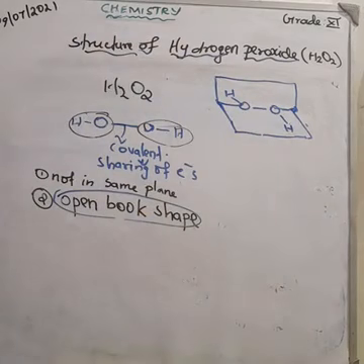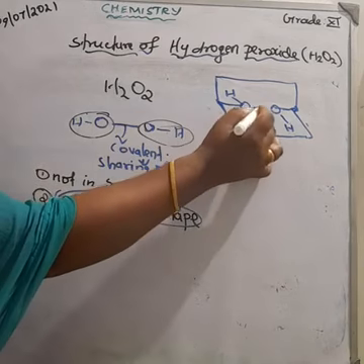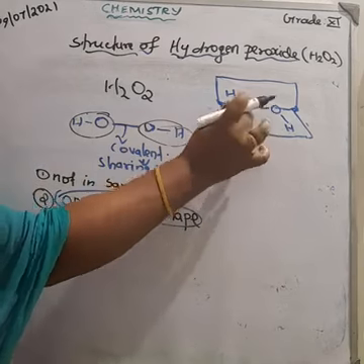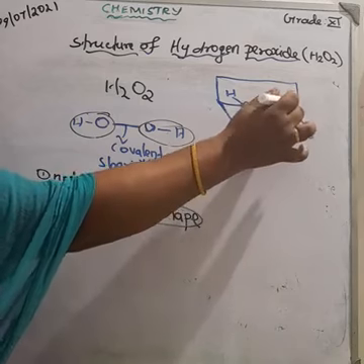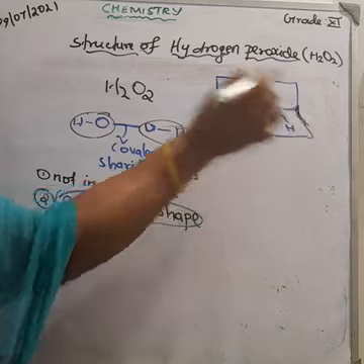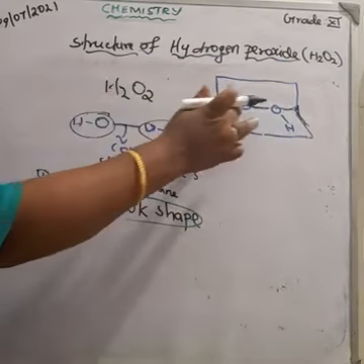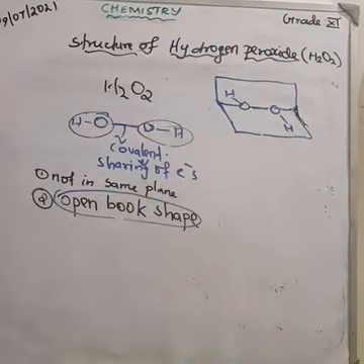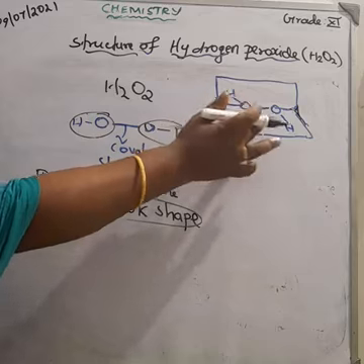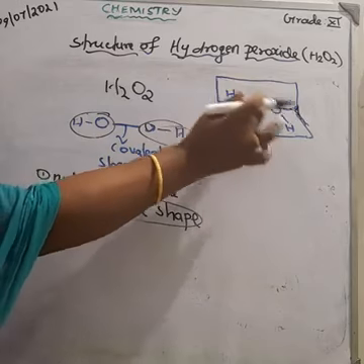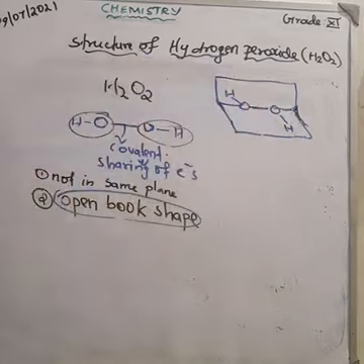The hydrogen atoms, in skew conformation, lie in a slant position. So this is the structure of hydrogen peroxide.